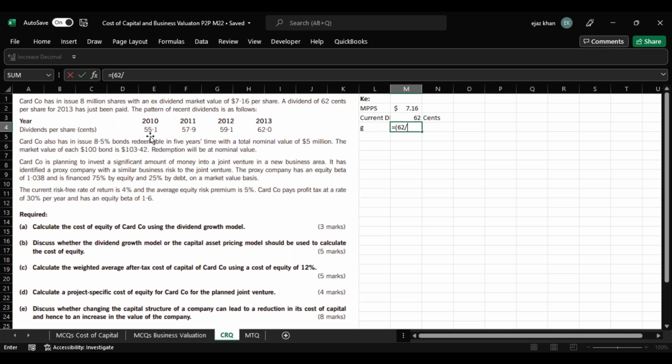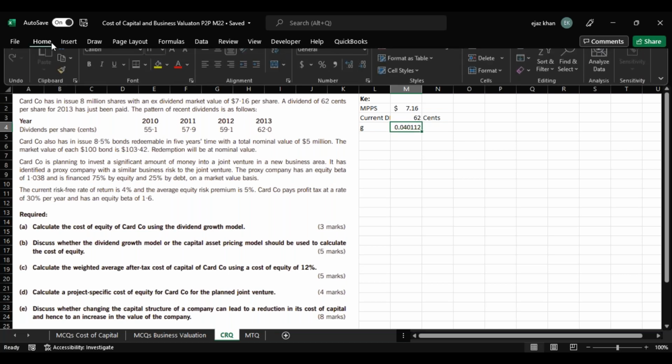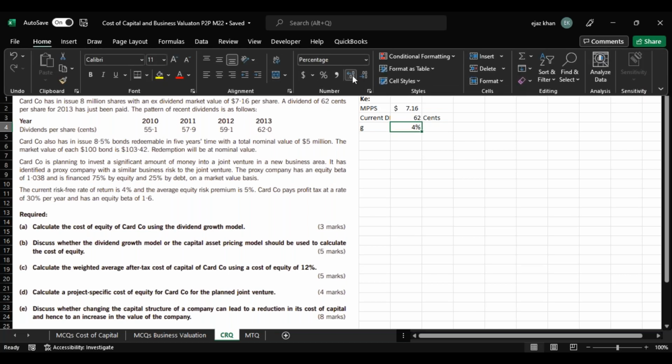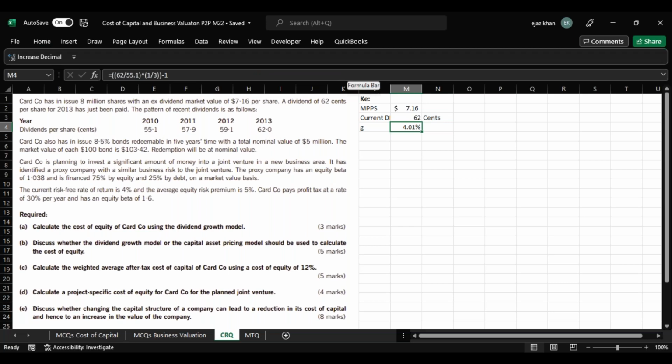The earliest dividend is 55.1, and we have 1, 2, 3 years in between. So the historic growth rate will be 4.01%.